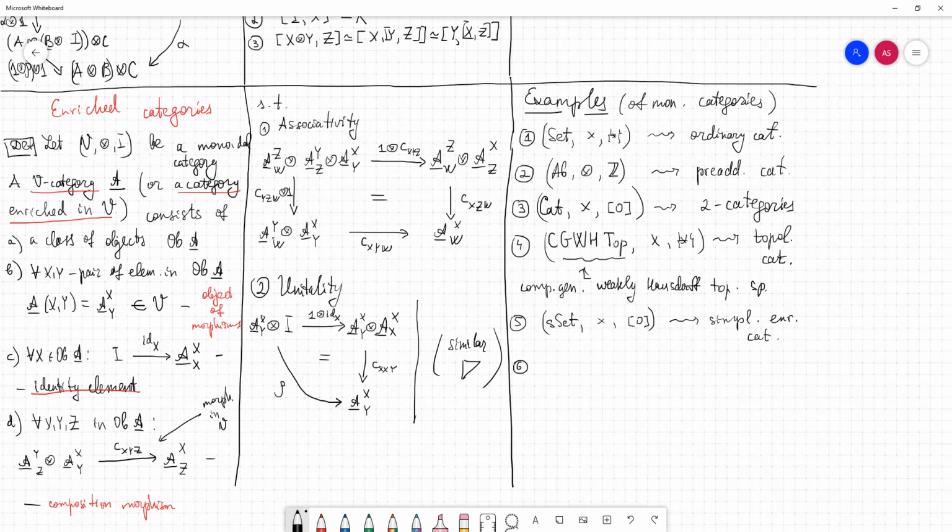Sixth, this is a generalization of 2. If R is a commutative ring, we take R-modules, tensor product over R, and the ring R. Seven, you can take chain complexes in R-modules, tensor products of chain complexes, and the chain complex 0, R, zeros, this chain complex where R is sitting in degree 0.